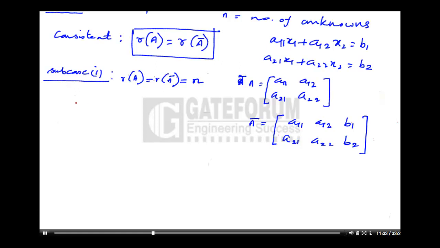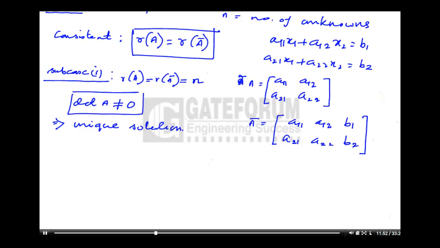That is, determinant of A is not equal to 0. And we can say that the system has a unique solution. So in this case, determinant of A is not equal to 0. That means the matrix A is non-singular, and then only the system will have a unique solution.